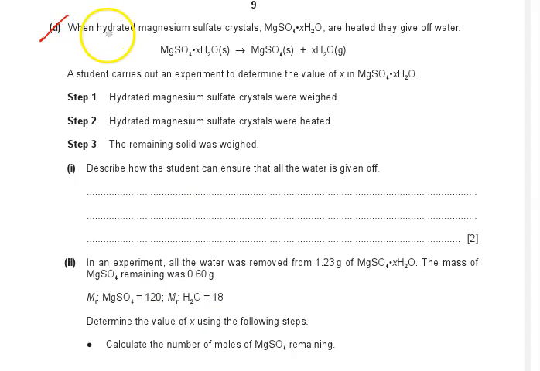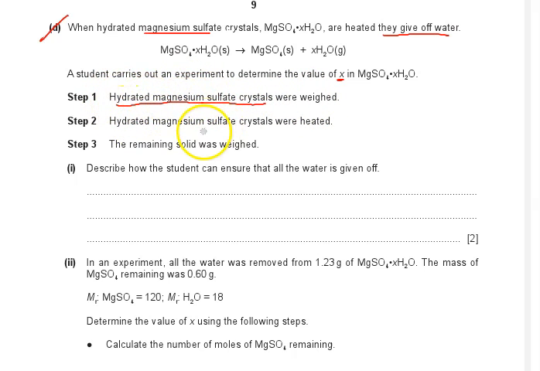For D, when hydrated magnesium sulfate crystals are heated, they give off water. These are the equation. Students carried out an experiment to determine the value of X, the water of crystallisation. Hydrated magnesium sulfate crystals are weighed; this one contains water.